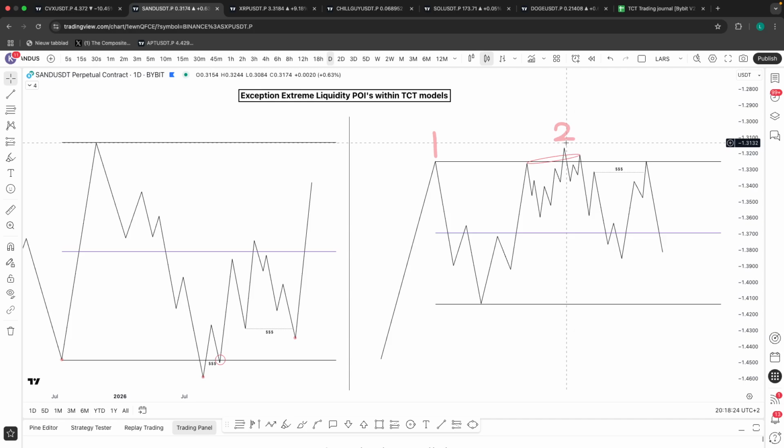If your second tap has its own distribution schematic, then this tap right here is obviously not a liquidity target from an extreme liquidity perspective on the higher time frame, because this was part of your lower time frame 1, 2, and 3.